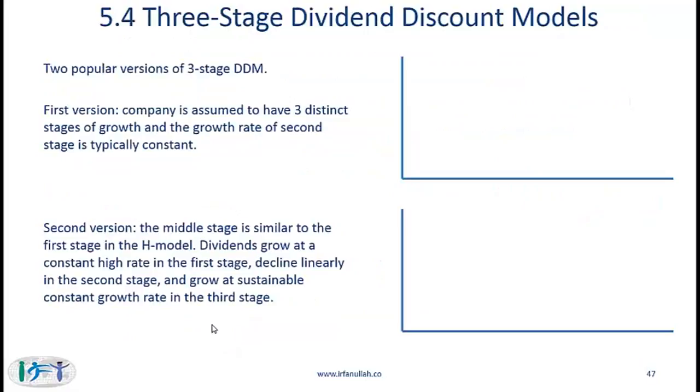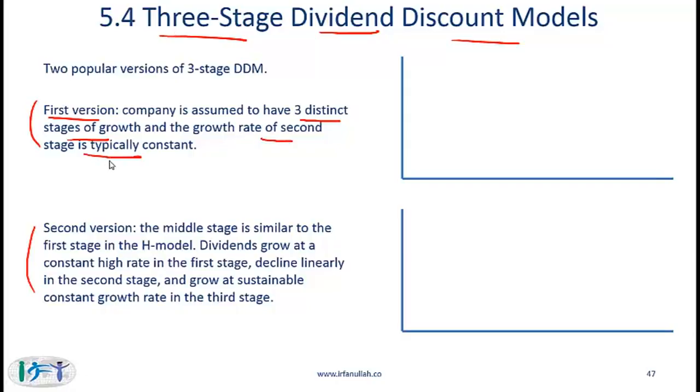Moving now to 3-stage dividend discount models. There are several 3-stage models, but two popular versions are described here. In the first version, the company is assumed to have 3 distinct stages of growth, and the growth rate of the second is typically constant.